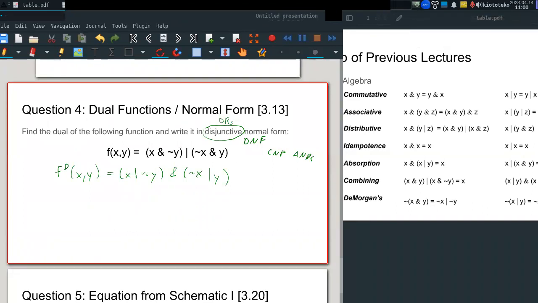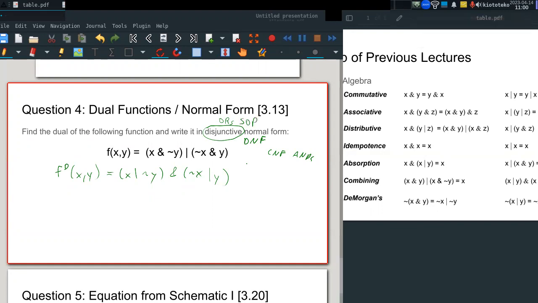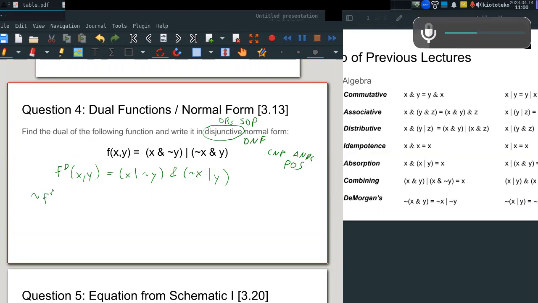This is also called sum of products, like this disjunctive normal form, and this is called the product of sums. Well, how can we translate it into a sum of products? Well, you can take the complement of it, and you'll get the sum of products.